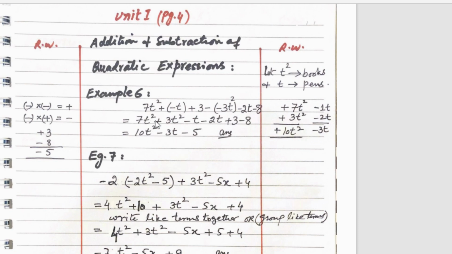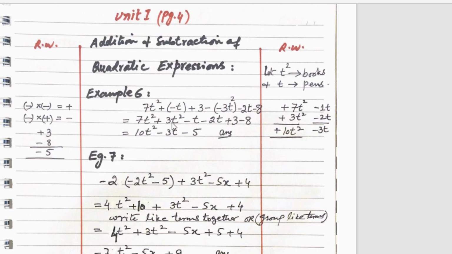Now look at this, brackets are opened, and like terms are written together. The brackets are also opened, so 2 steps at a time we can do in one step. Now it's very simple. You have done these things before.